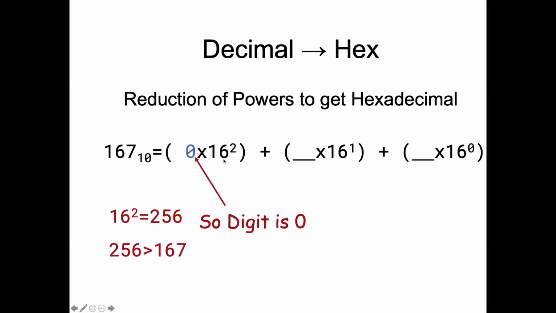Even 1 times 16 squared is 256, so that's already too big. So that must be a 0 in the 16 squared place. So I wrote down a 0 there.